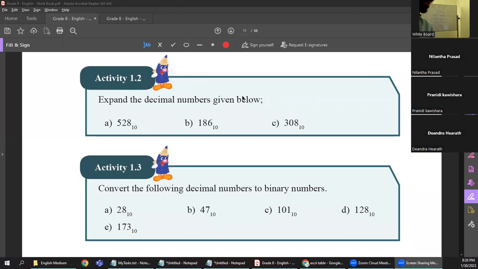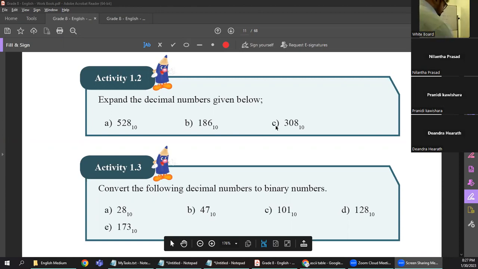Do these two conversions. Can you see the screen now? You have to do the B part and the C part of this. Okay, sir.